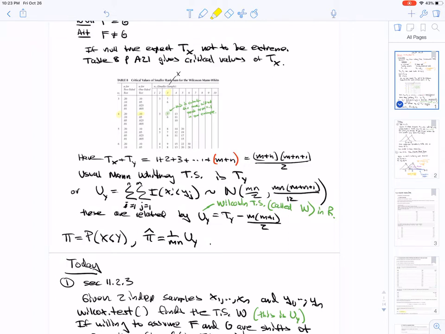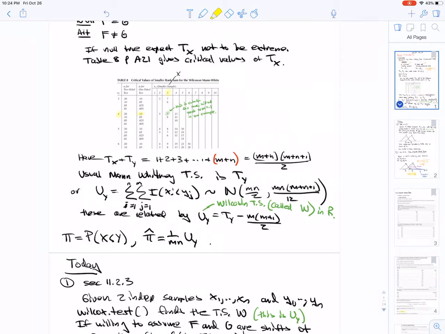Expected value mn over 2, because the total number of indicators is m times n, so you would expect, if the null is true, that half of the x's would be less than the y's.